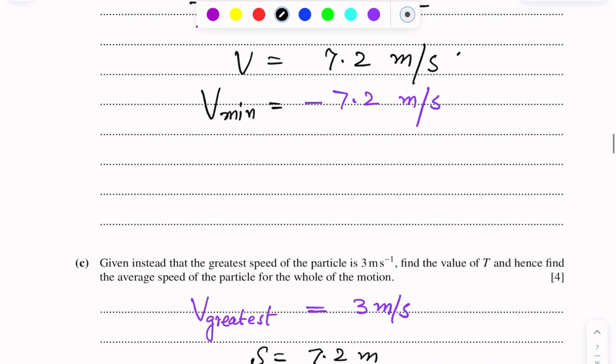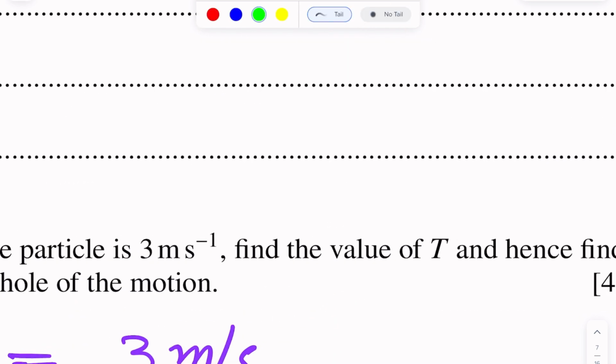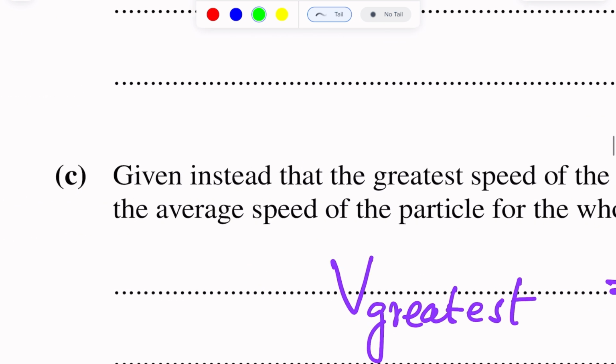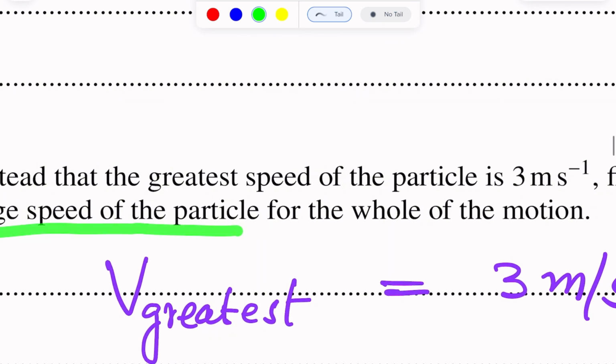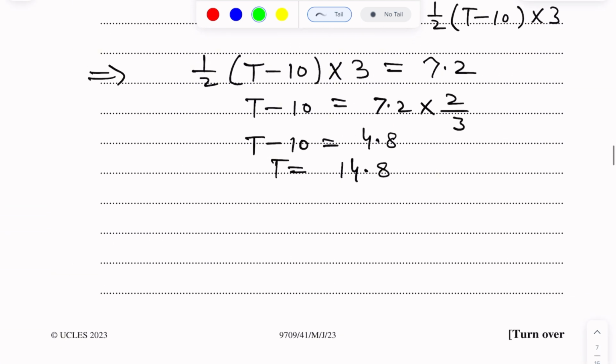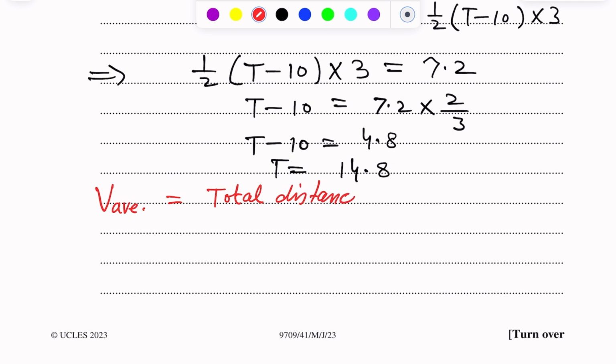We have found the value of t, and now we have to find the average speed of the particle for the whole of the motion. Now we know this is the formula for average speed: v average is total distance over total time.